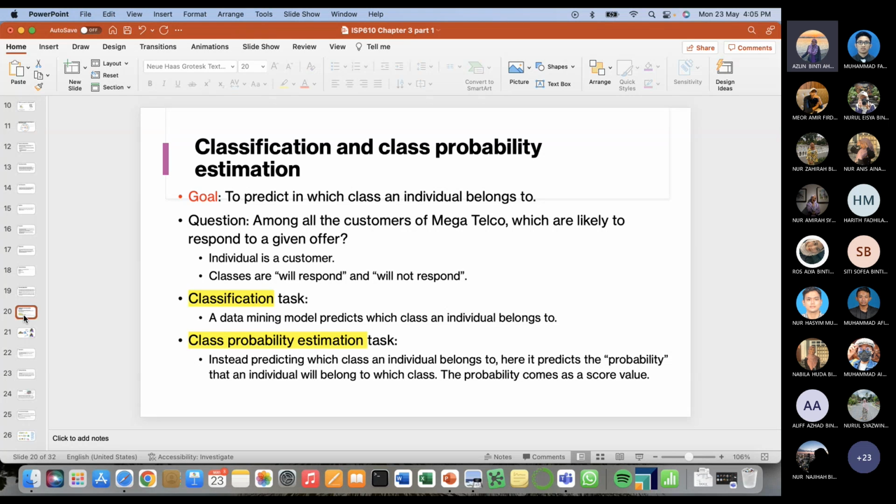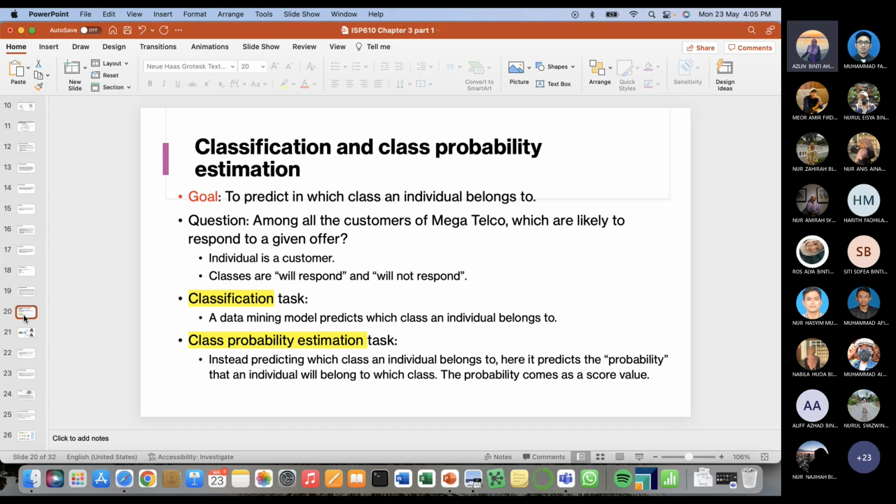Let's say they tried to give some offers to make sure the customers are not leaving them, not terminating their services. So they are trying to give offers based on the customers' preferences lah. So here the individual is a customer, and the classes, let's say, will respond or will not respond to the offer.